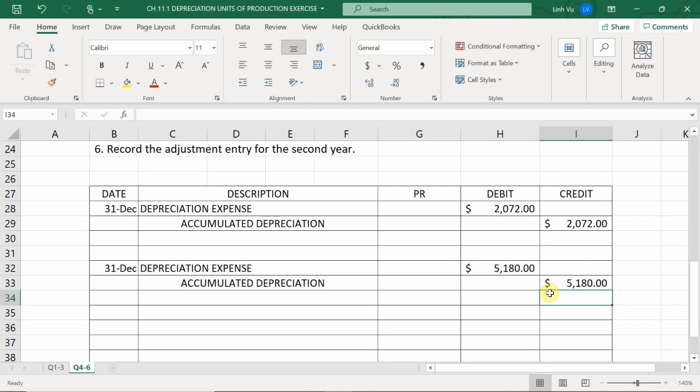Just make sure that you know exactly the components that you need for the depreciation, and you also need to know which depreciation method you're focusing on. In this case, this was just units of production. So these are the formulas involved with units of production.